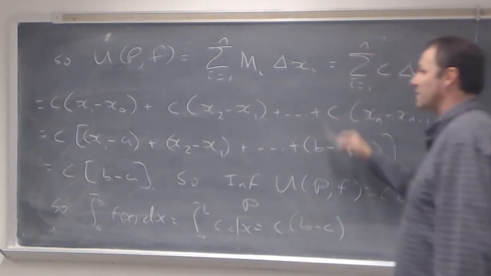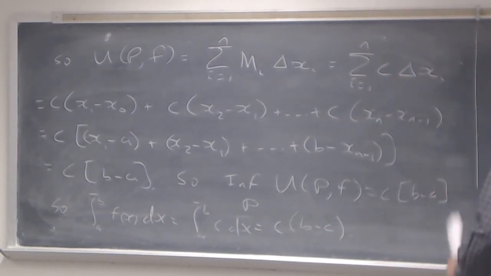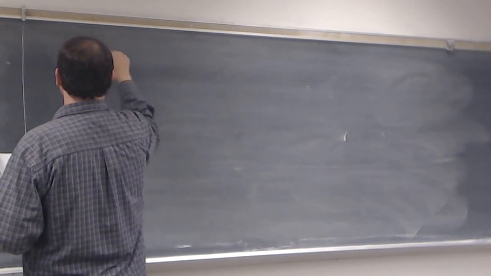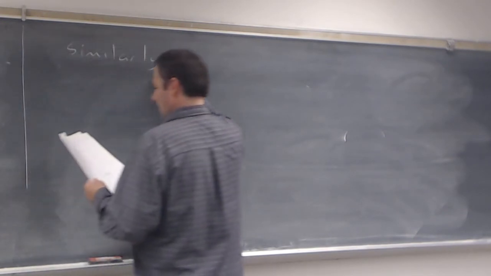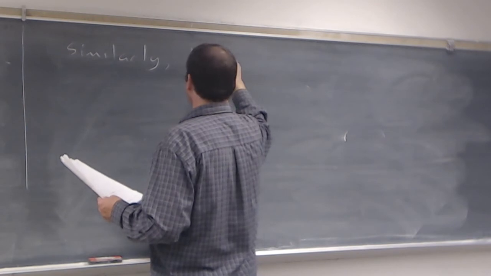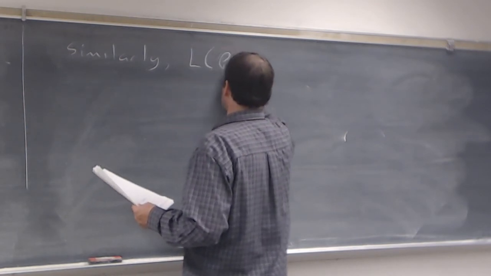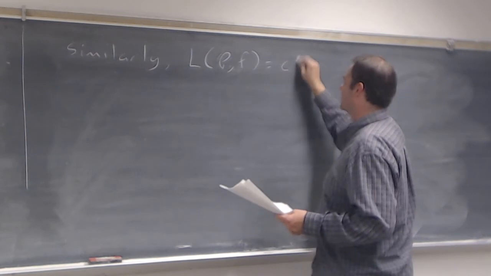Well, we can go through analogous work for the lower sums. I won't go through the work, I'll just write it down. Similarly, these lower sums involving a partition will be equal to C times b minus a.